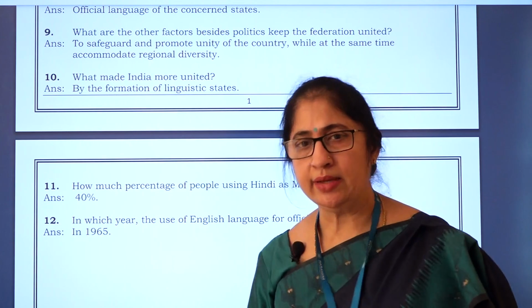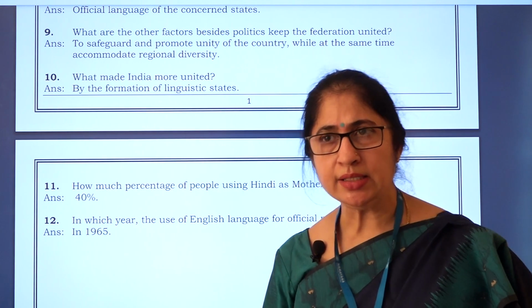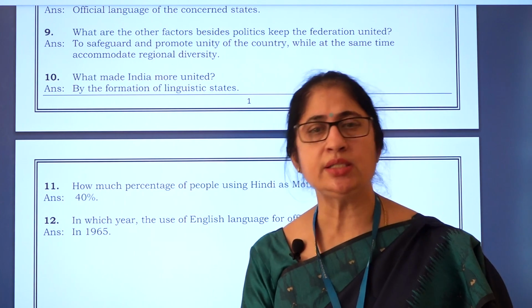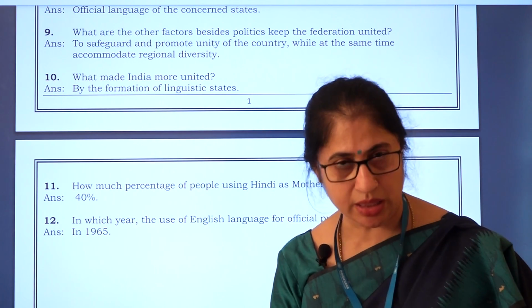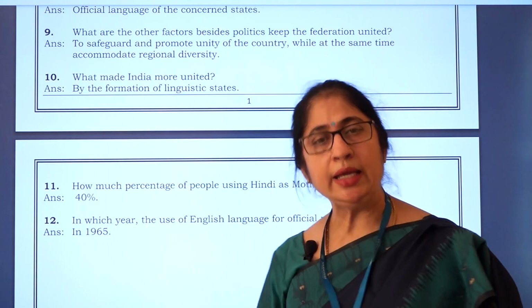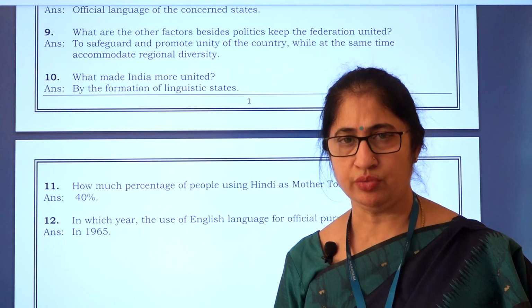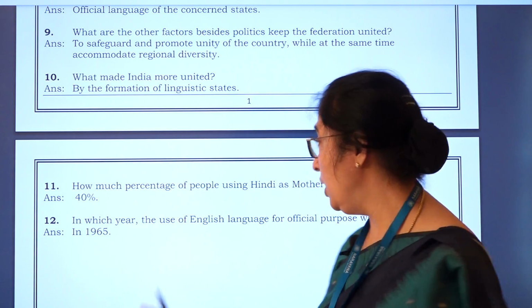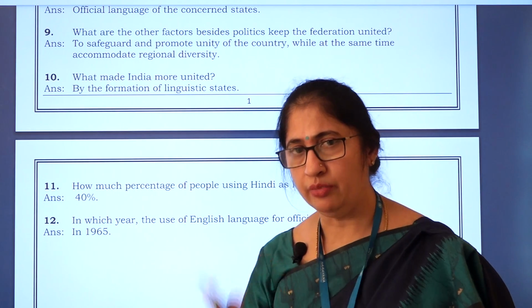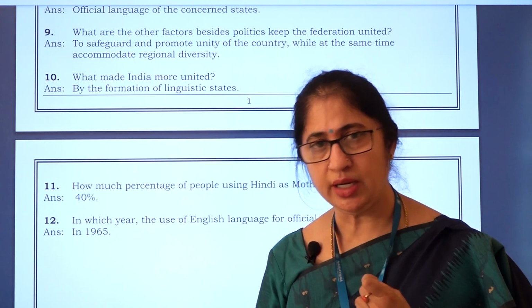In 1965. When we got independence, we made Hindi the official language. Since many of the regional states were not well versed in Hindi, the government also took a decision to use English as one of the official languages for official purposes only. Hindi is the official language.